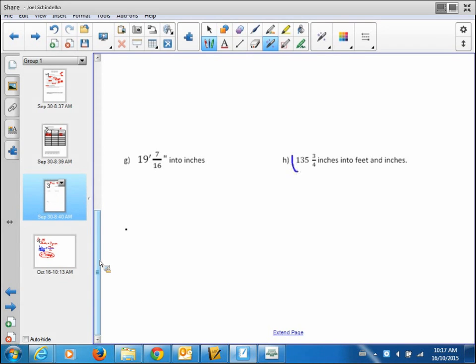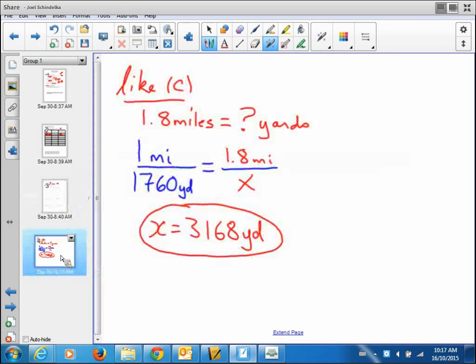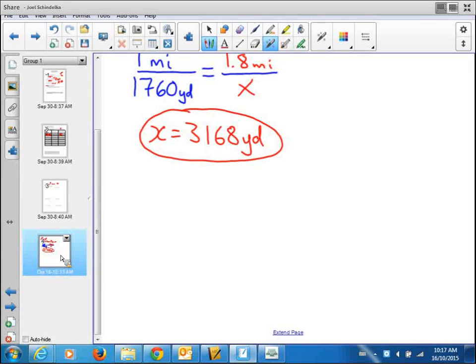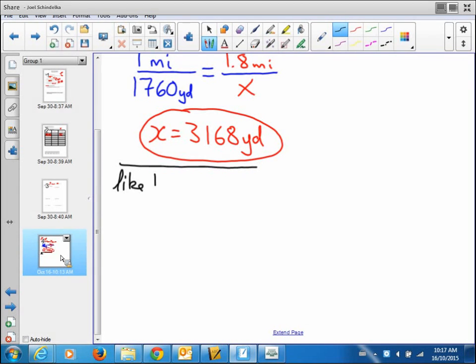But let's go with something like this. I'm going to do one like that, so like H. So this one's like H. What do we got for H? I'm thinking of my multiples here. 54.5 inches.